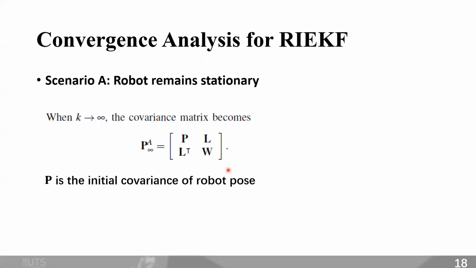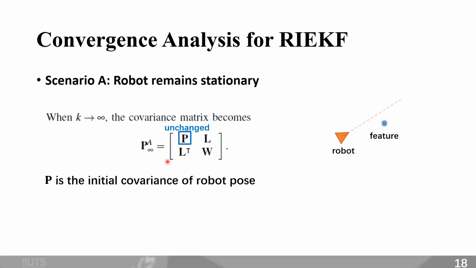Shoudong has analyzed the convergence of standard EKF in the 2D case, and the 3D case is similar. When a robot remains stationary and observes a landmark many times, the covariance should converge to P infinity. And we should know that the uncertainty of the robot pose should remain unchanged in the whole process, and we cannot correct the current robot pose.